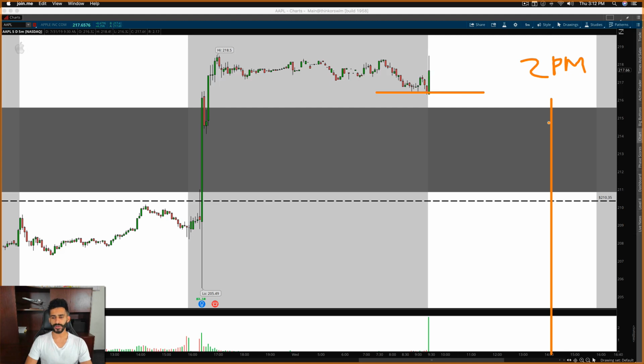But knowing that there is a meeting at 2 p.m., there's a major economic event in the market today, I need to be extremely cautious and understand that the stock can trade sideways, or at 2 p.m., depending on the outcome of the meeting, it can either rally or it can fall.